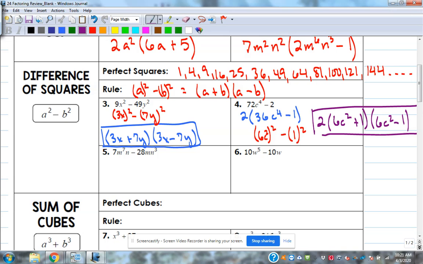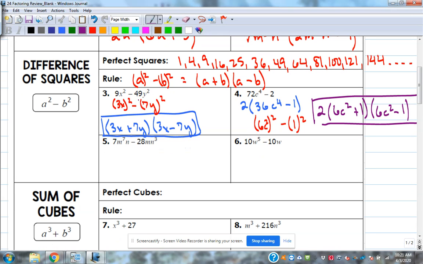All right. Number 5, got more letters in there, so we got to look and see about GCF and all that stuff. So 7 and 28 have 7 in common, so there's going to be a GCF. They both have m's. They have 1 in common. N, they have 1 in common. Leaving in parentheses m to the 6th minus 4n squared, which can be written as a difference of squares.